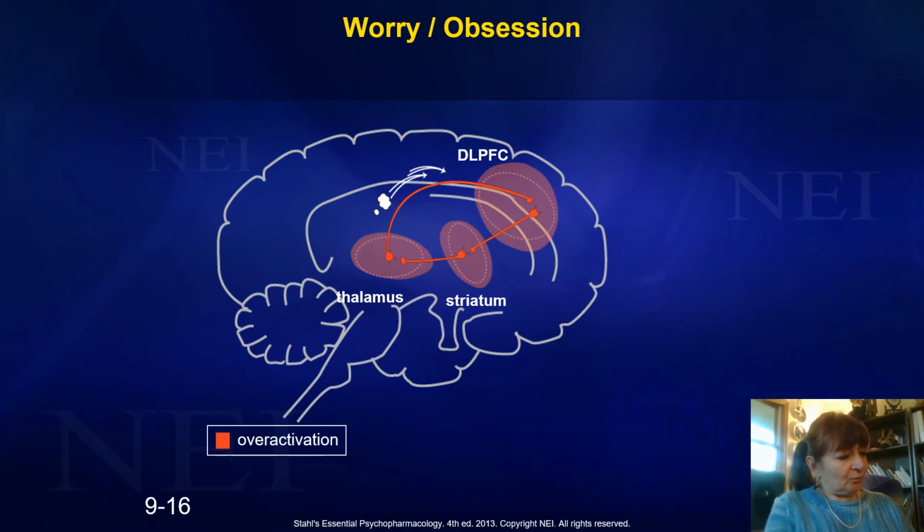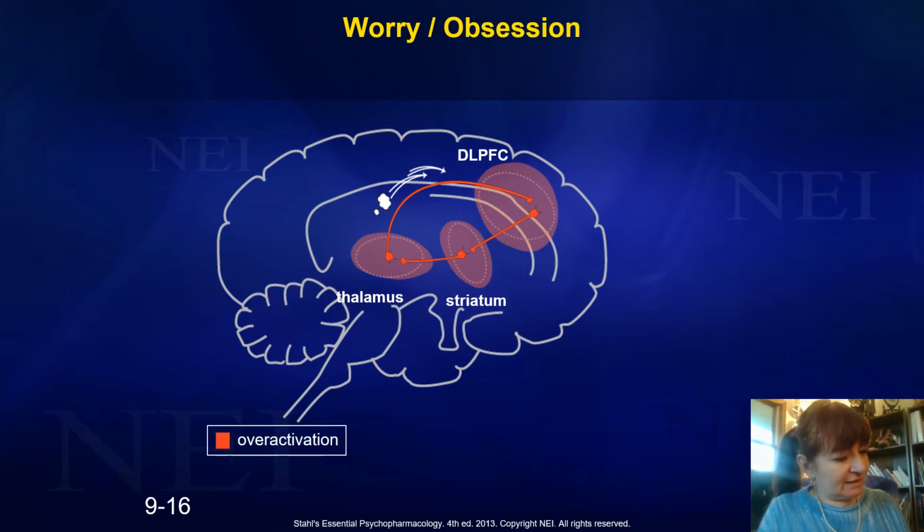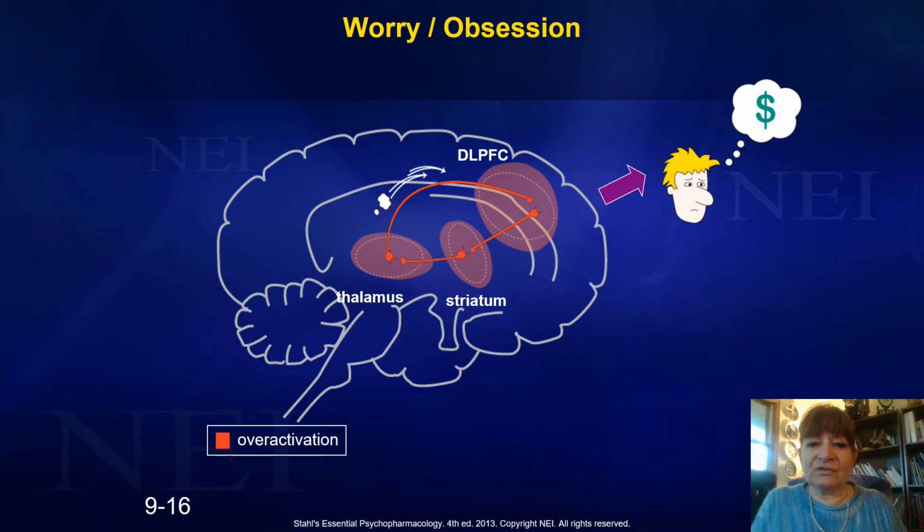And so what happens when you're afraid of something is your thought process takes off on its own. And when you're thinking about something that you are fearful about, it stimulates the limbic system, and then off it goes into this very difficult to manage circuit. So here we're seeing our gentleman worrying about his finances.